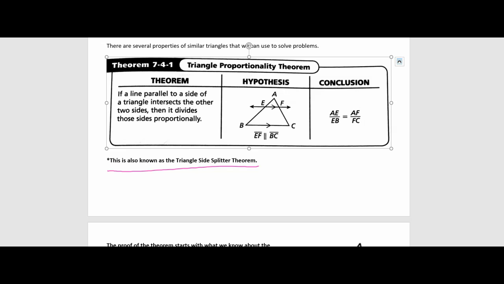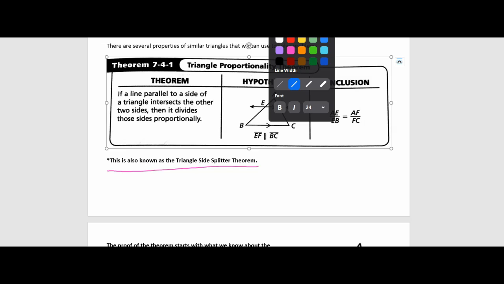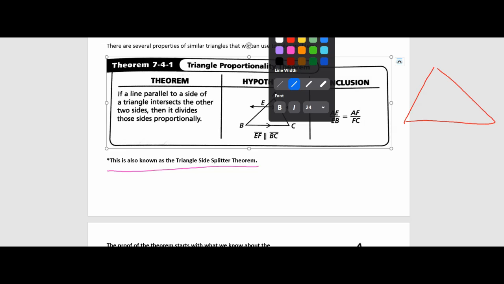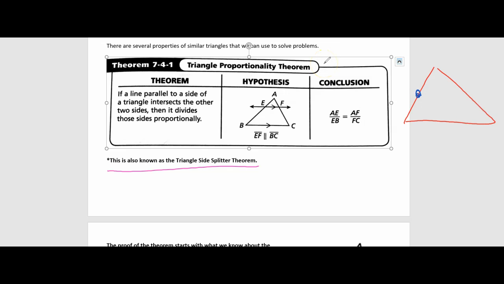Now, we've already talked about triangle mid-segments, where we have a triangle and we find the midpoints of two sides and draw a segment connecting those. We also know that the mid-segment will be parallel to the opposite side. So, in this triangle proportionality theorem, the difference is that the segment can be anywhere on the triangle as long as it's parallel to the opposite side, right?